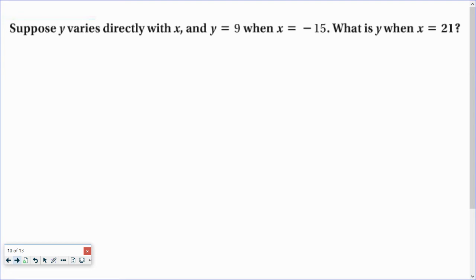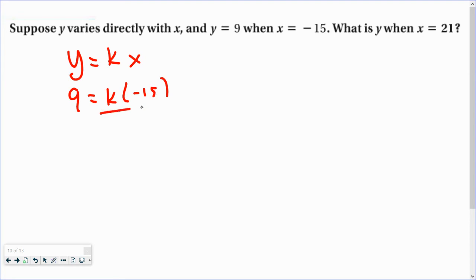Ooh, word problem. Okay, suppose that y varies directly to x. Y is 9, x, I don't know what it is, but this is negative 15. So let's see here. I'm going to divide both sides by negative 15.